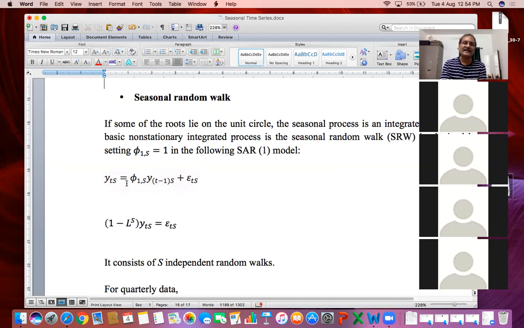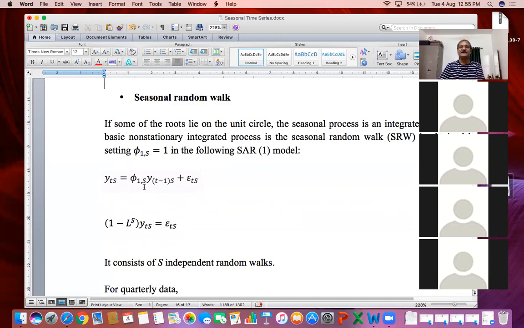If you have quarterly data, you have 4 different types of random walk for the 4 quarters separately. So in the case of quarterly data, you may have 4 different types of unit roots. If you have monthly data, you have 12 different types of unit roots. In the case of annual data, you have only one type of unit root in AR(1).